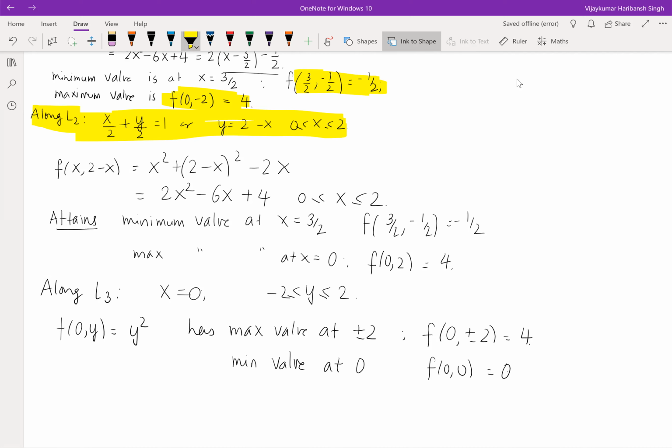So this was L3, and the values we got are these.